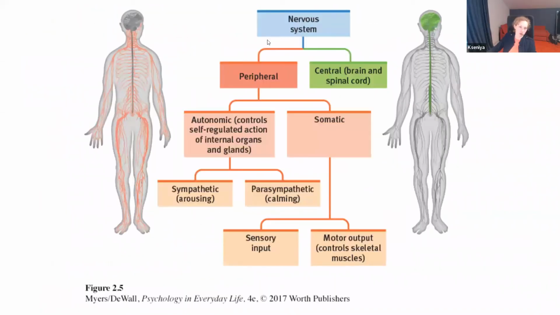Okay, so the neural system is divided into the central, which is the brain and spinal cord, and the peripheral neural system. The peripheral neural system is divided into somatic and autonomic, or self-regulated, which is divided into sympathetic and parasympathetic, or arousing and calming.